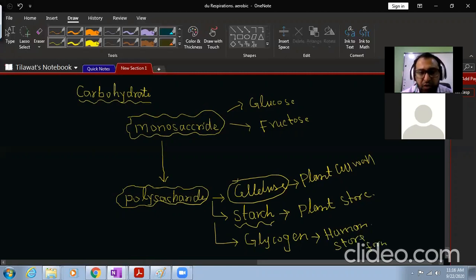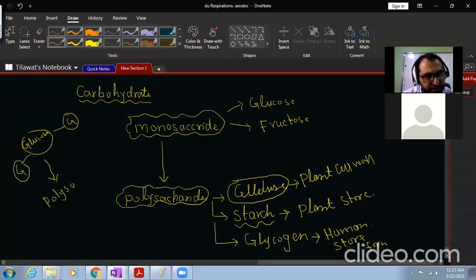Right? Now, if you study these polysaccharides, the basic unit of these polysaccharides is what? Glucose. Several glucose units, I will represent glucose here by G, combined together repeatedly again and again, and they form what? Polysaccharide.